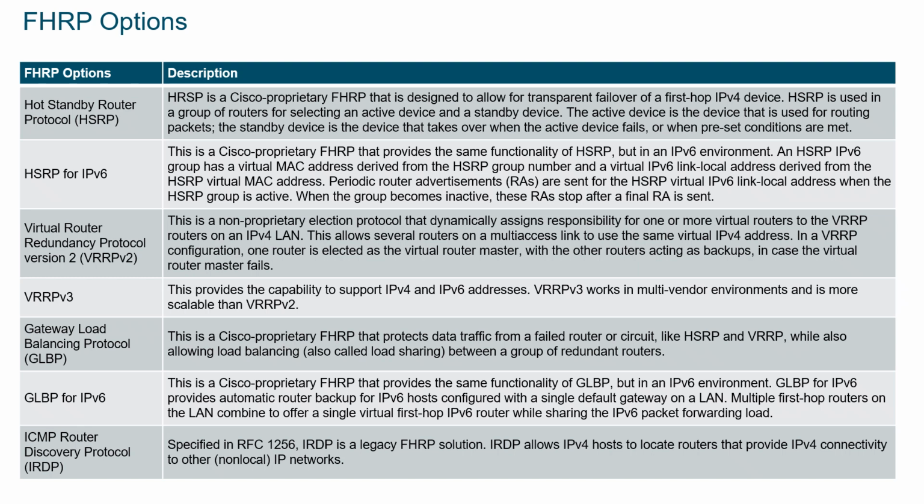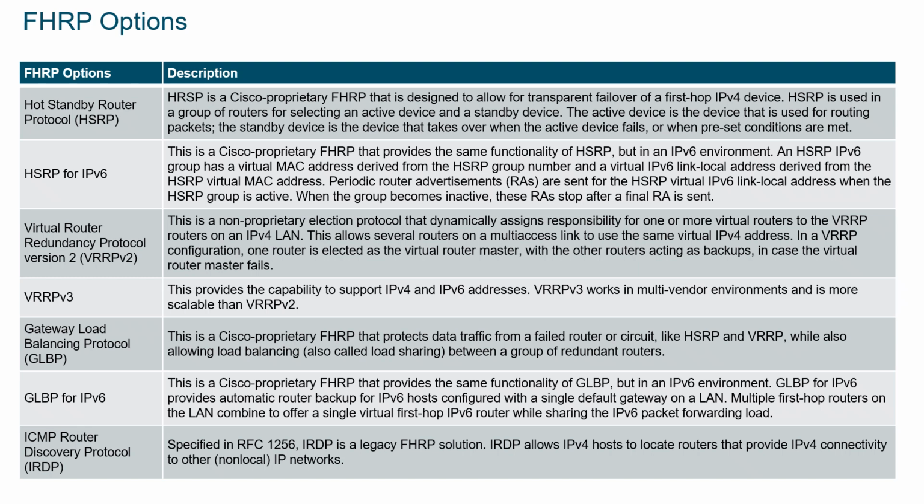So in a VRRP configuration, again, one router is elected as the virtual router master, with the others acting as backups in case the virtual master goes down.